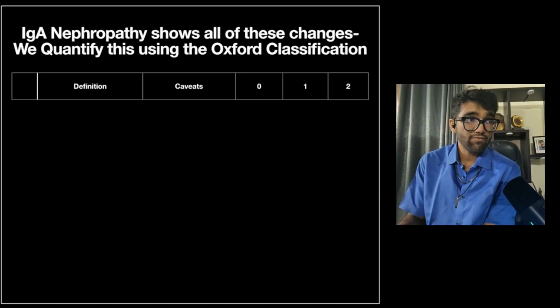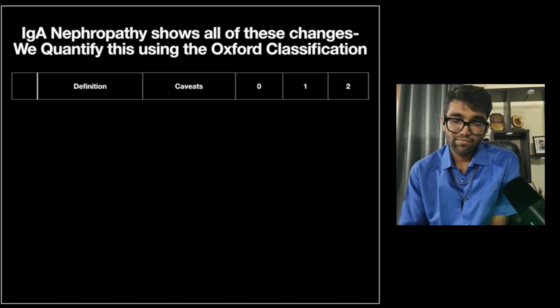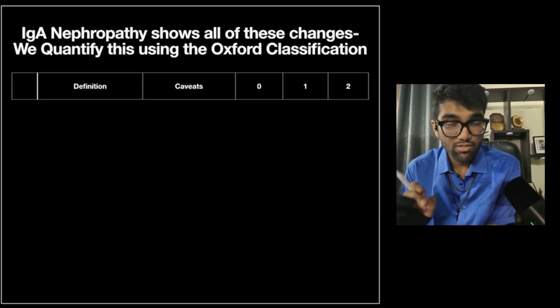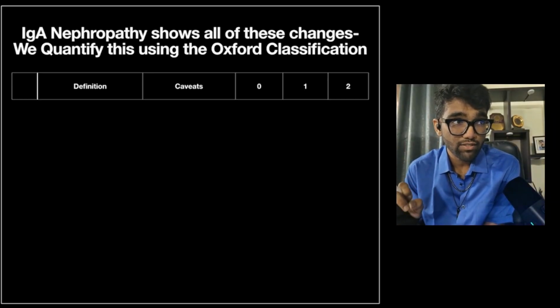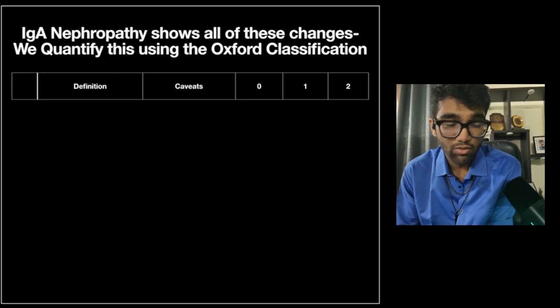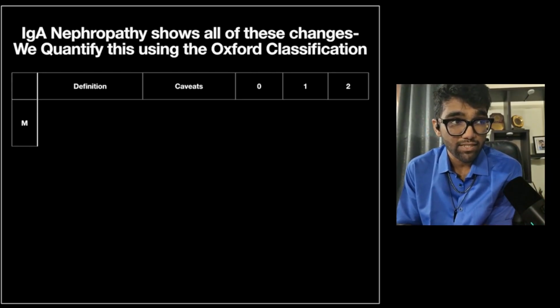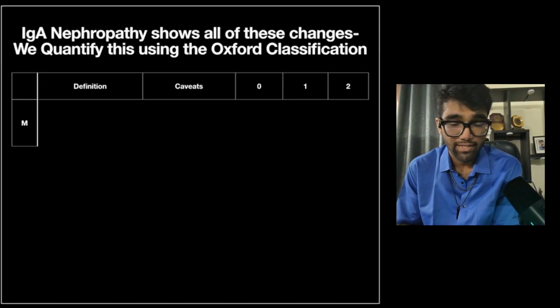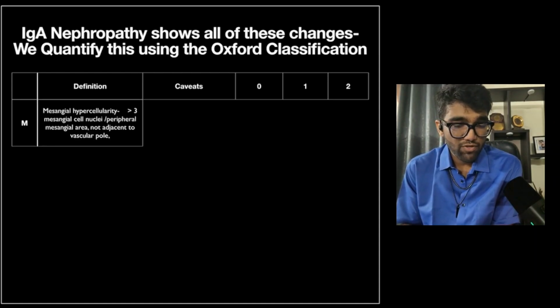Now, in IgA nephropathy, we very conveniently have a classification system called the Oxford classification, and that allows us to quantify, to a very high degree of precision, the level of glomerular damage, and this predicts the clinical course of the patient much better than the clinical risk factors that we had discussed previously. The first entity included in the Oxford classification is mesangial hypercellularity.